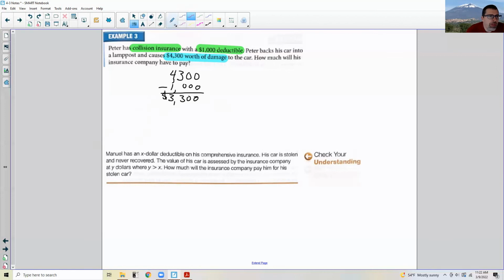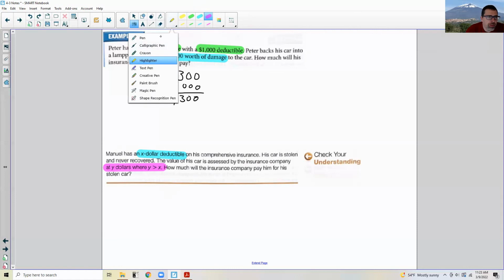All right. Now it says Manuel has X dollar deductible. Okay. And his comprehensive insurance. His car is stolen and never recovered. The value of his car is assessed by the insurance company at Y dollars. Okay. Where Y is greater than X. So the car is worth more than the deductible, in other words.